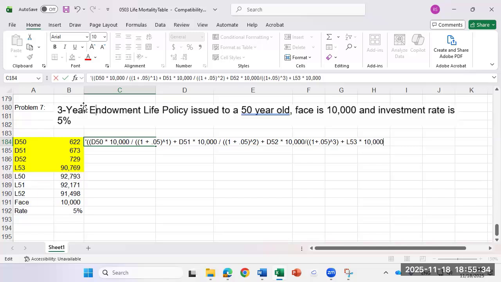Here's where you've got to be really careful. Divided by 1 plus 0.05 raised to the what? When do we pay these people?